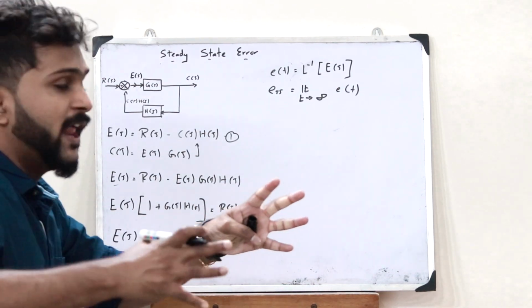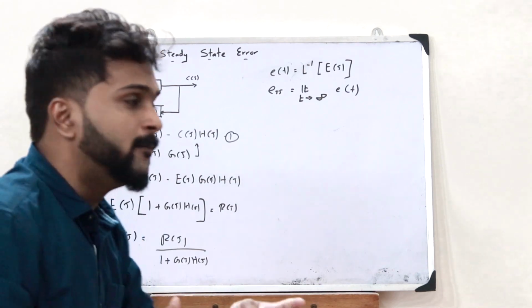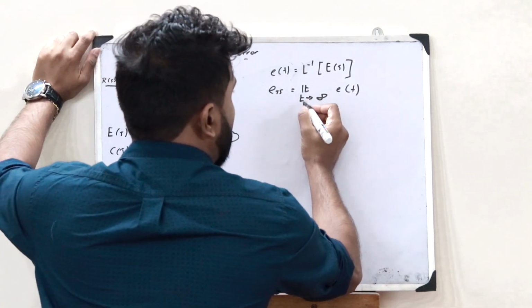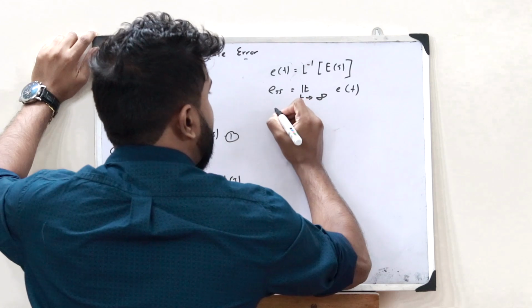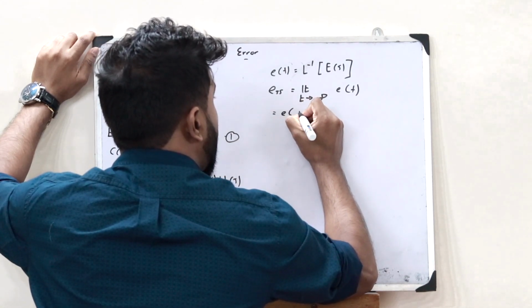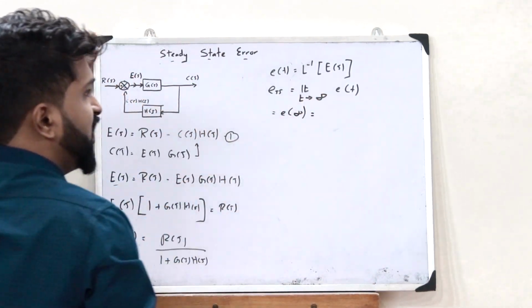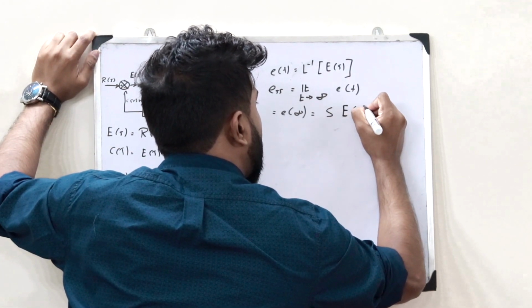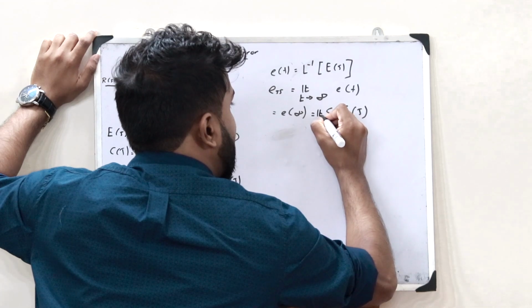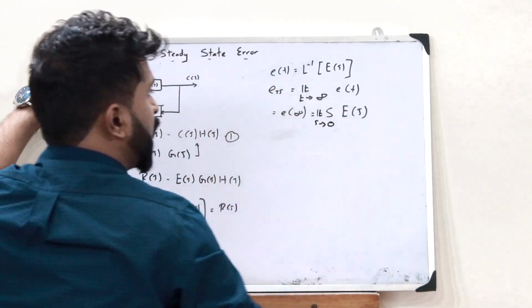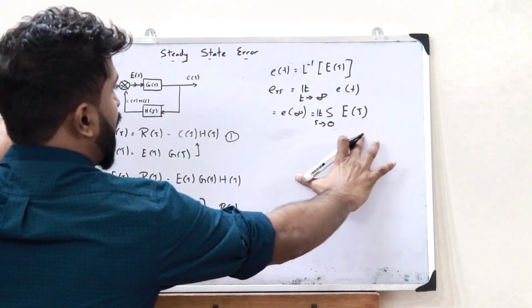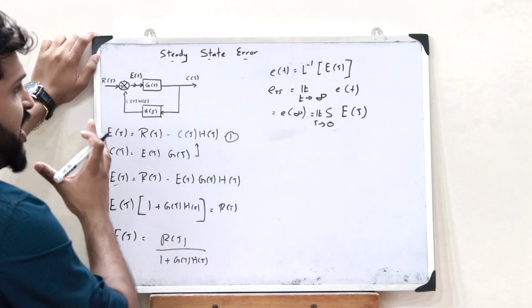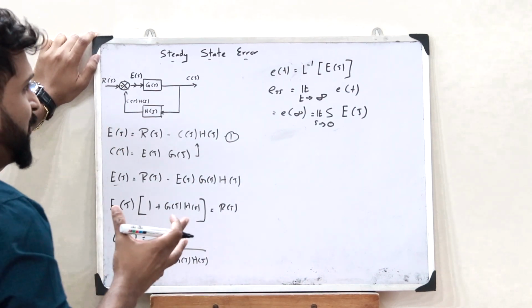Now, applying the final value theorem, limit t tends to infinity of E of t is equal to E of infinity, which is equal to S into E of S, where limit S tends to 0. This is the value of the steady state error of a control system.